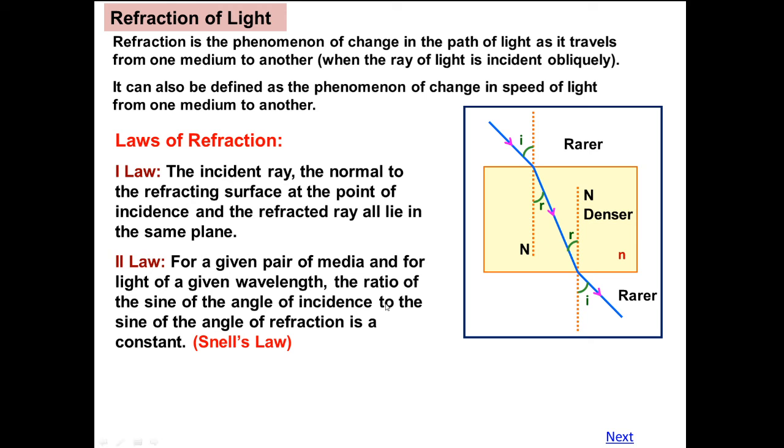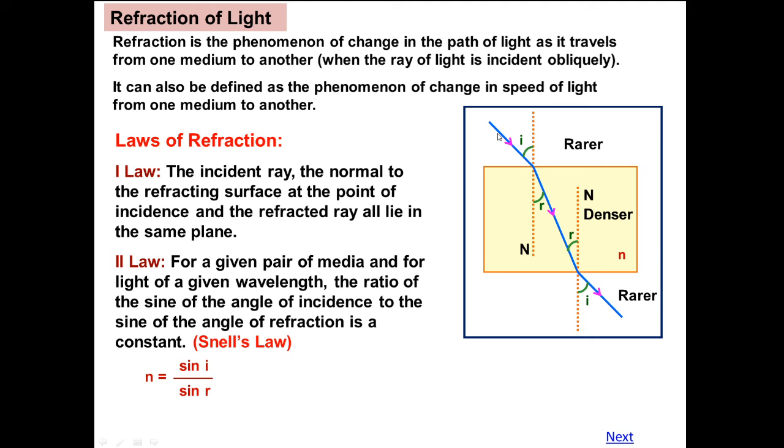This law is known as Snell's law, and we know n equals sin i by sin r at this point. Here n means, see what is the meaning of this n. n is the refractive index of the medium in which refraction is taking place with respect to the medium from where it is coming.